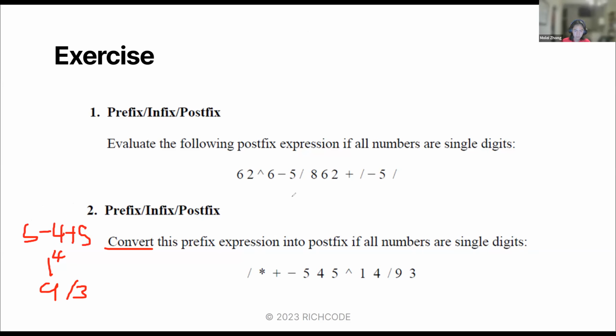And then a times, so we take out all this. 5 minus 4 plus 5 times 1 to the power of 4. We'll have to use parentheses this time because of order of operations: 5 minus 4 plus 5, in parentheses, times 1 to the power of 4.